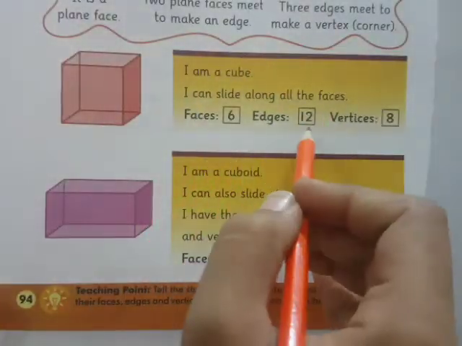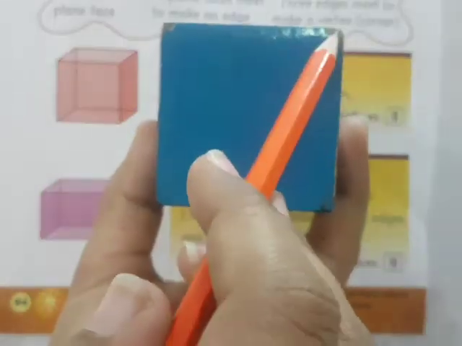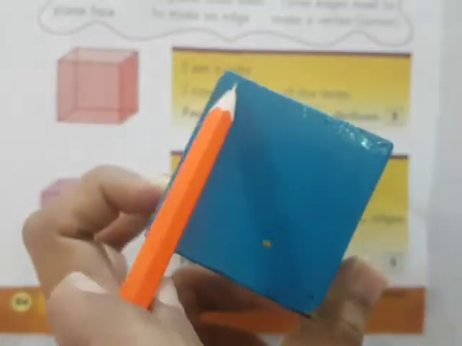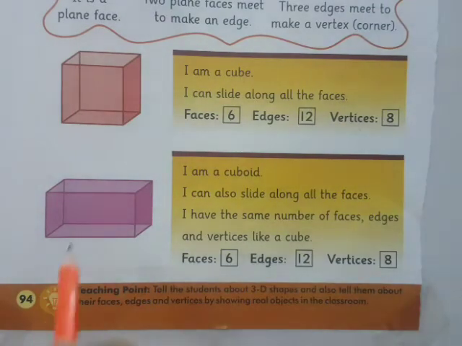It has 12 edges. Now let's see how many vertices it has. Vertices means corners. 1, 2, 3, 4, 5, 6, 7, 8. It has 8 vertices.